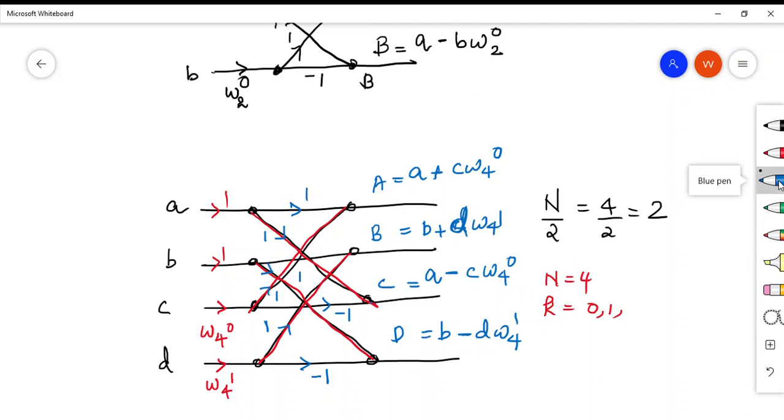Okay, this is how you find the complex numbers for a 4-point sequence. Same way you can draw for 8-point sequence also.